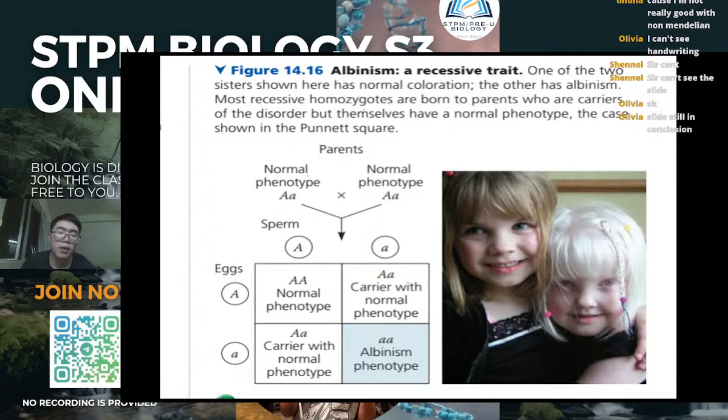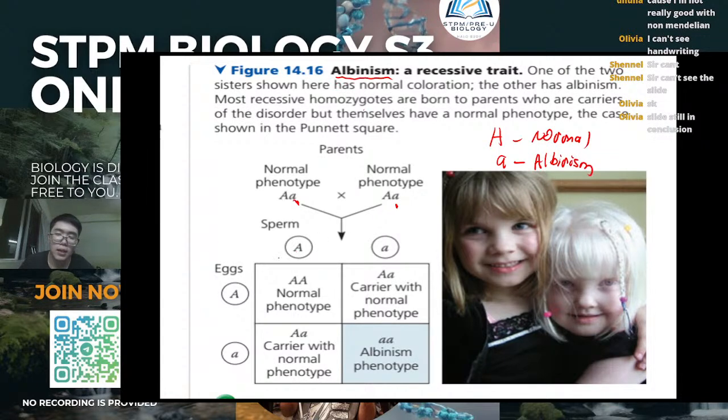So when the parents have a normal phenotype but are both carriers, dominant A is normal, and the recessive is the disease. This one is the carrier of this disease, albinism.